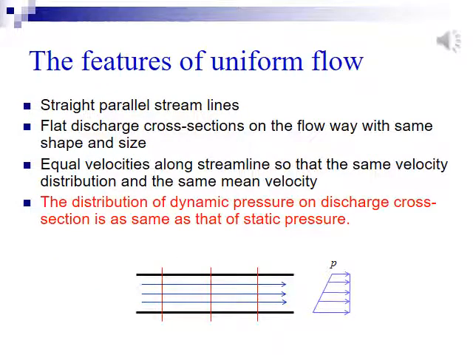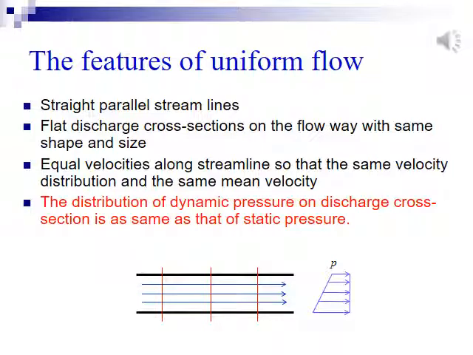At first, we take a look at uniform flow. Here are the features of uniform flow. Number 1, number 2, number 3. To our total flow integral, the most important feature is number 4.